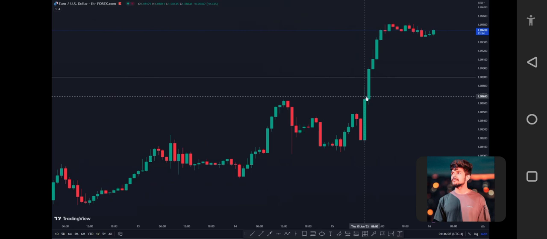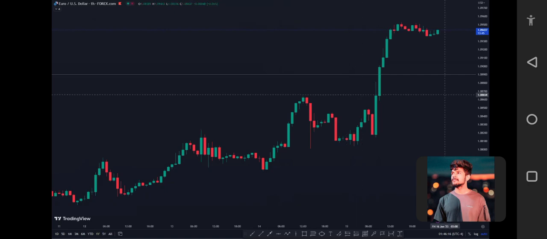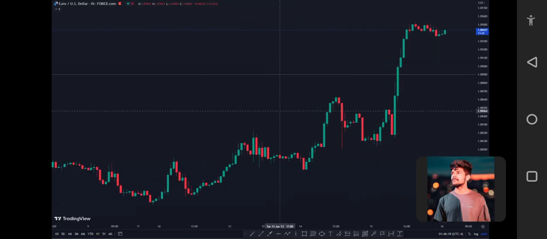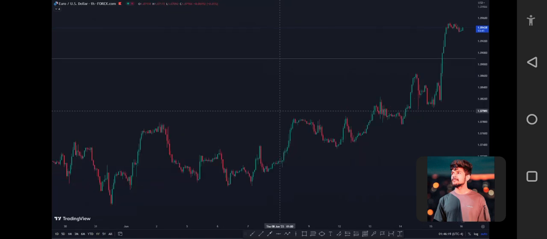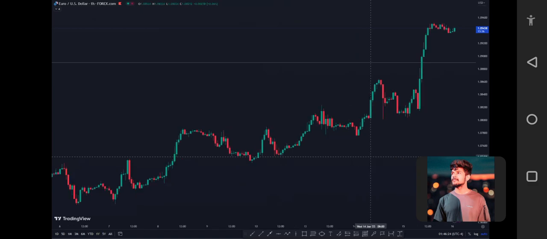Not mean threshold. I mean the consequent encroachment of this wick, and that's it. Not below that. And ultimately, if price comes here, then we'll look to target the high. 15-minute time frame.